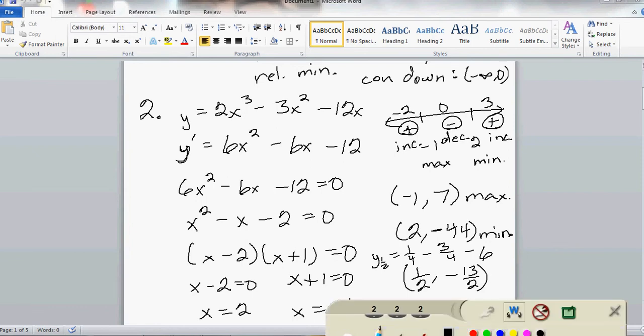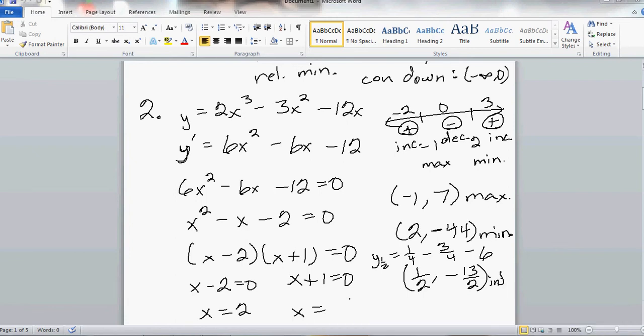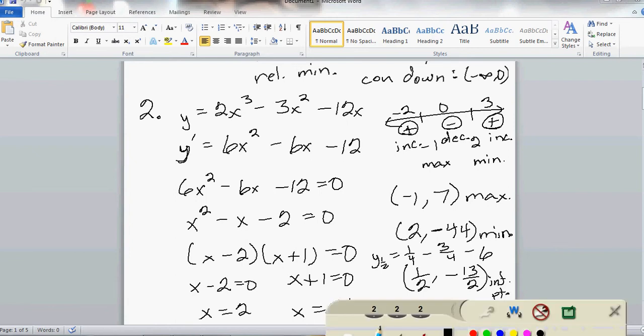And this is my inflection point, because this is where it goes from being concave downward to concave upward.